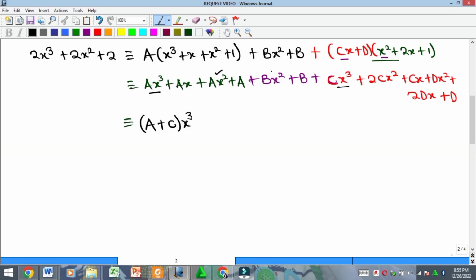This one has square, this one has square, there is square here, and there is a, so you have about 4 of them. So I have plus in a bracket, I'll take all their coefficients. A is here, then B is here, then I have 2C, then I have D. That's in the last one, and then you open your bracket, you have x squared.